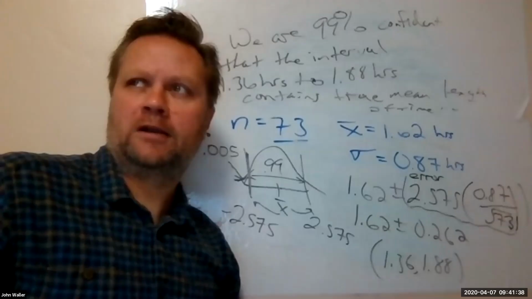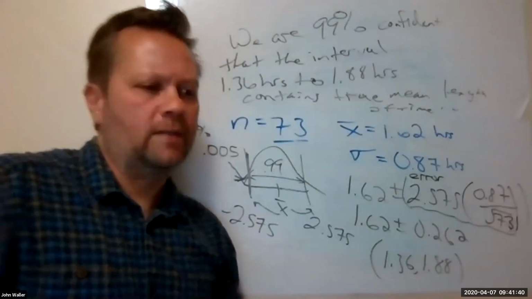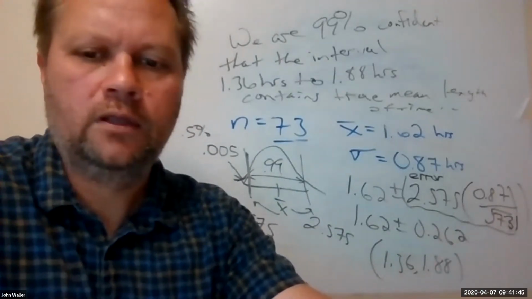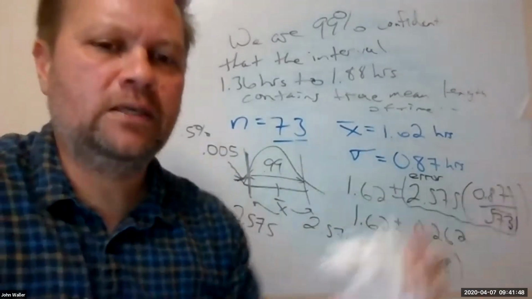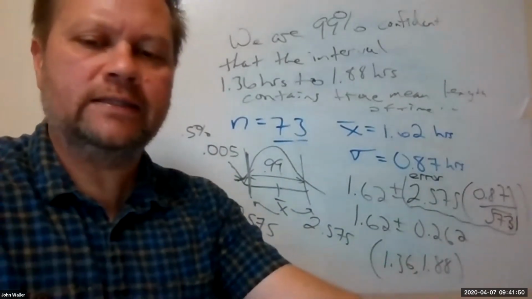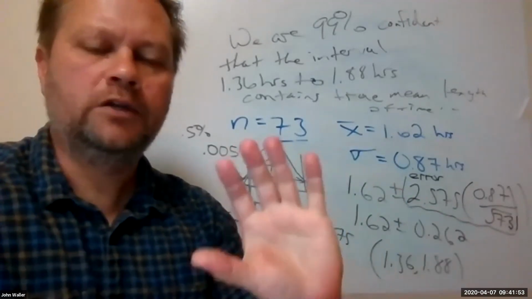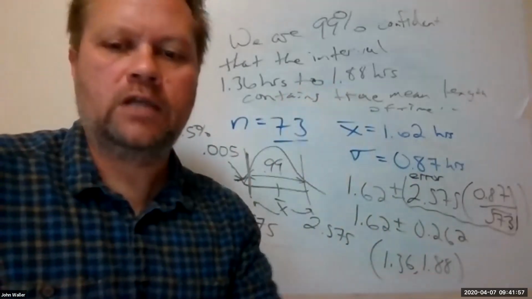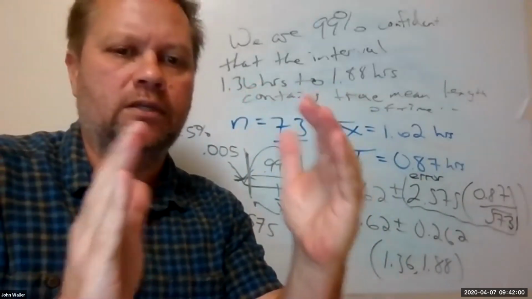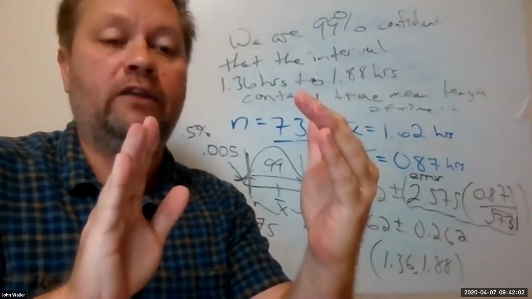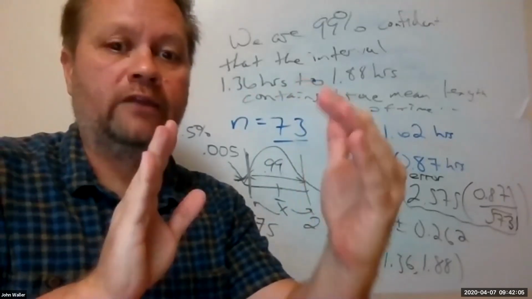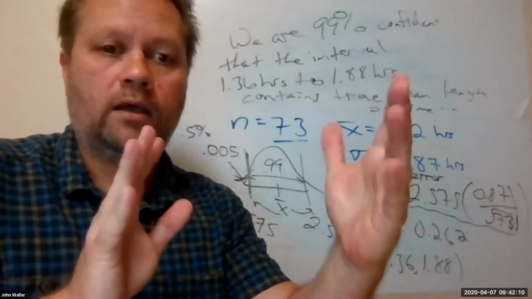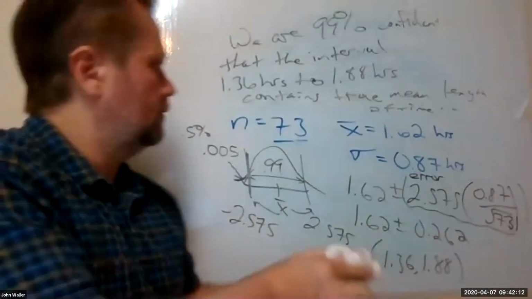Remember, the whole reason I am a certain level of confident is because I catch that much stuff. How much does a 90% interval have to catch? 90%. What about a 95%? 95%. Will it get smaller or bigger? It's going to get bigger.